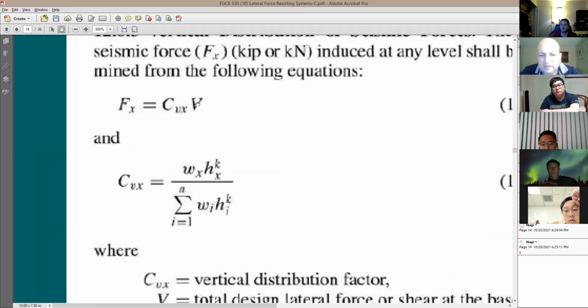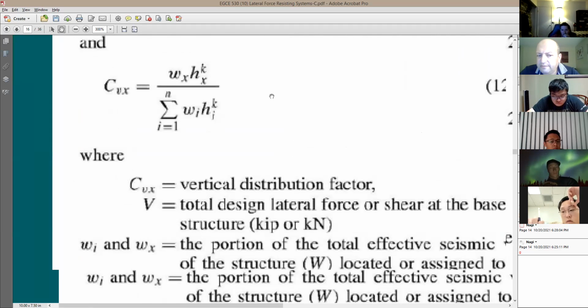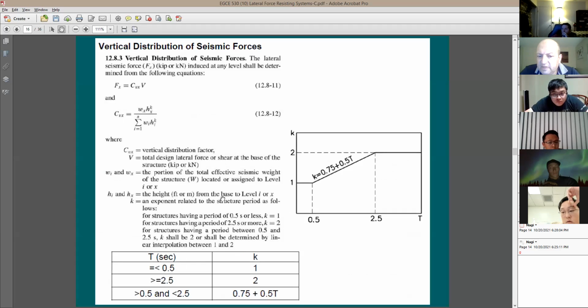And look at this equation here. It says Wx, which means the story level weight, times H, which is the height of the story measured from the seismic base, to the power of K, divided by the summation from i equals 1 to n, all the stories, of Wi times Hi to the K. This K is going to be based on the natural period, this exponent here.